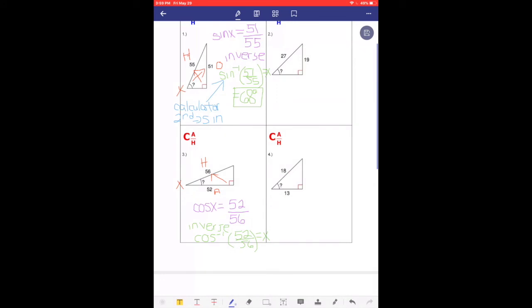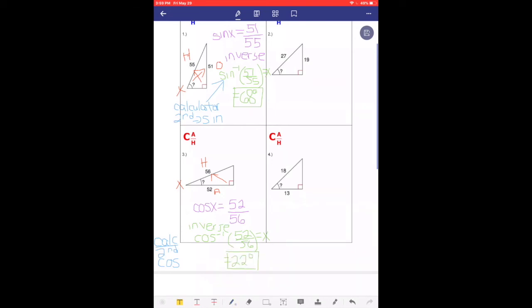And again, on your calculator, you'll hit second cosine to get the cosine -1. So when you do that, type in cosine -1 of 52 over 56, you will get approximately 22 degrees for x. So that angle is 22 degrees.